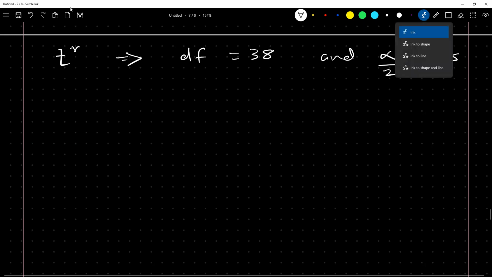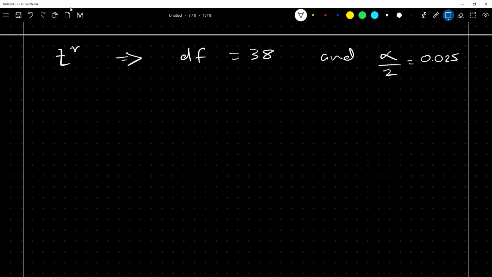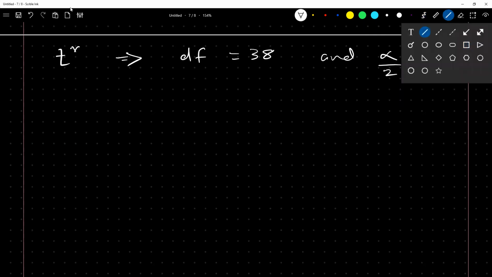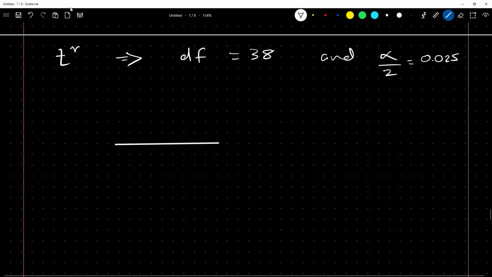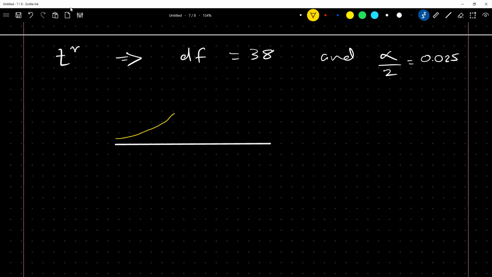And what will happen is like this. So let me draw the picture here. So in our distribution, we're going to have our T star critical and our T star. Okay, so let's say it's here.